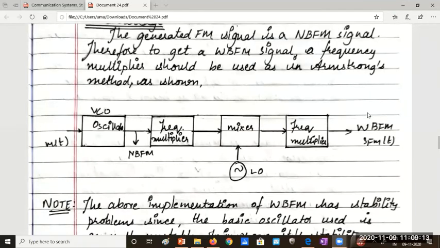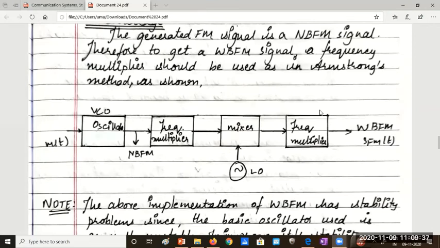In order to get the carrier in the range 88 to 108, let me say I want 100 megahertz output. What will be the multiplier factor here? From 100k to 100 mega, the multiplication factor would be 1000. Yes or no? I had 100k output.